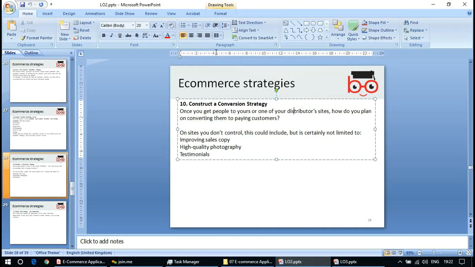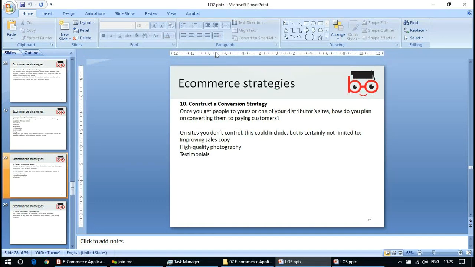Basically, a customer might come to your site just to have a look around, and if you can make your website pull them in and convert them into someone who's going to pay when in the first place they didn't, they weren't necessarily going to spend any money, then you convince them to spend money.